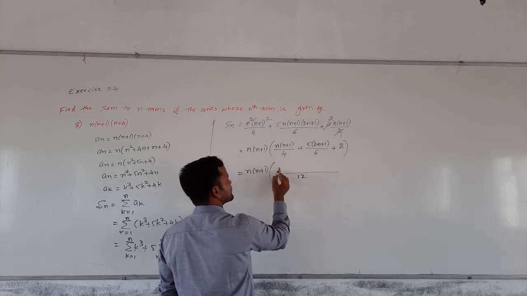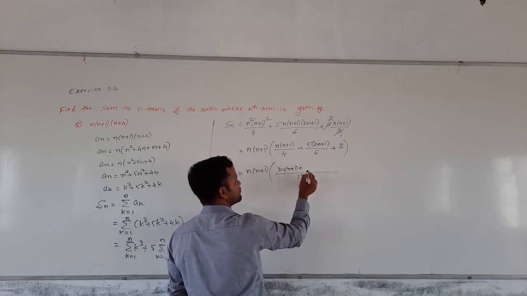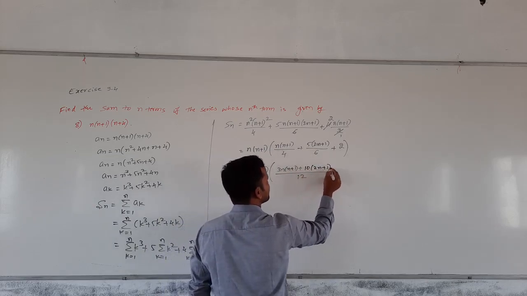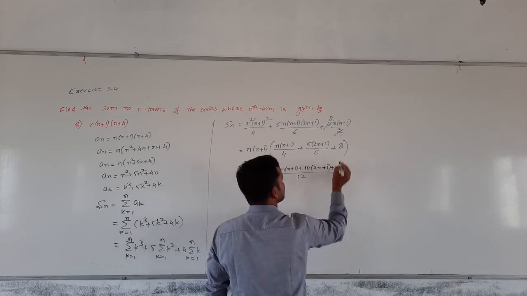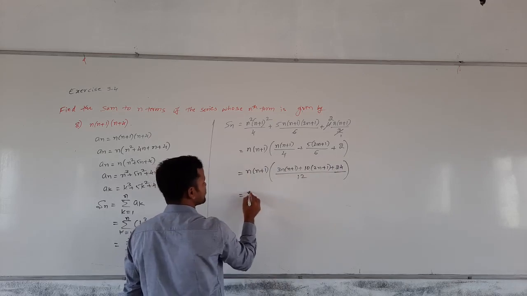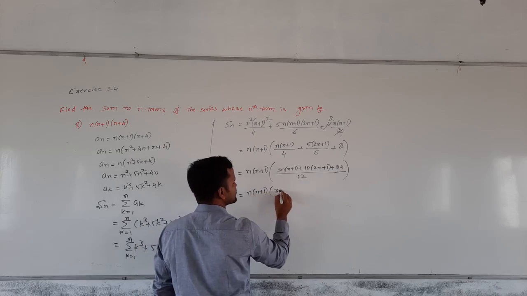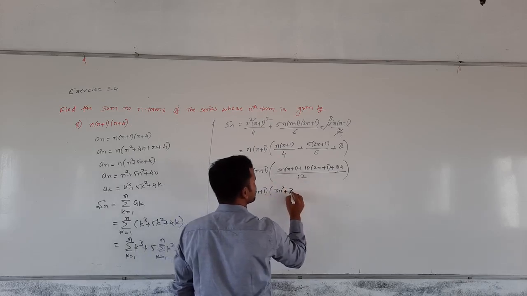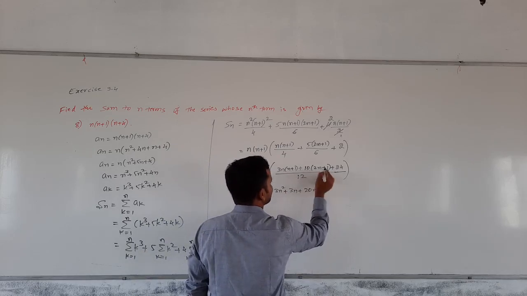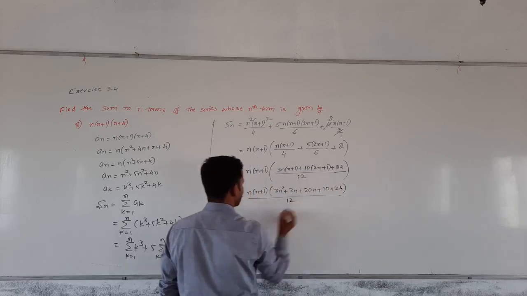4 3s are 12, so this is 3n into (n plus 1), and 6 2s are 12, so 2 into 5 is 10 into (2n plus 1), plus 12 into 2, 24. n into (n plus 1) into [3n into n, 3n square, 3n into 1, 3n, 10 into 2n, 20n, 10 into 1, 10, plus 24], whole divided by 12.